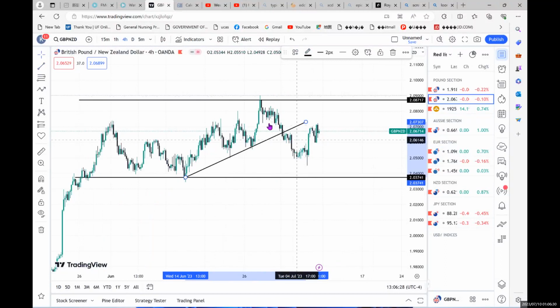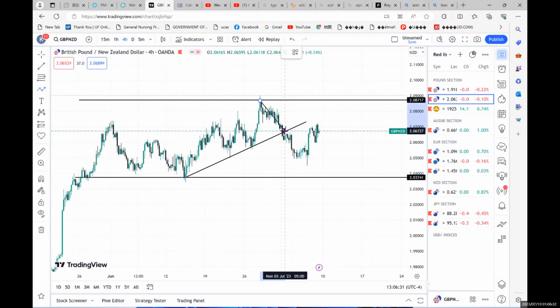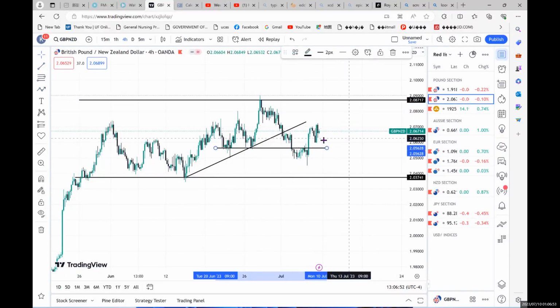I was expecting price to come like this and continue going up, but as you can see, price broke through, even broke major levels, this area here, this major support. But after a major break, we know and we expect a pullback.